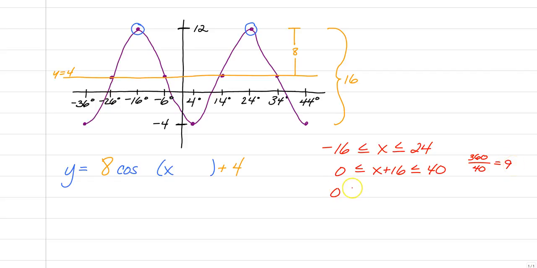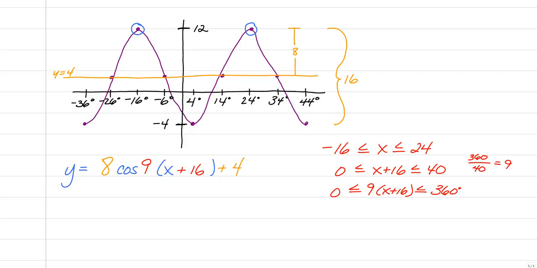So this is now 0 is less than or equal to 9 times x plus 16, which is less than or equal to 360. So now we are at our 0 to 360. So we have a b value of 9, and our c value is going to be right there with a 16. So again, that's what I selected.